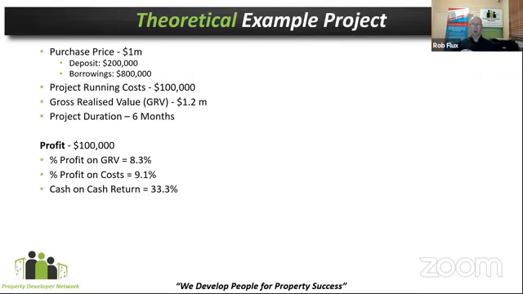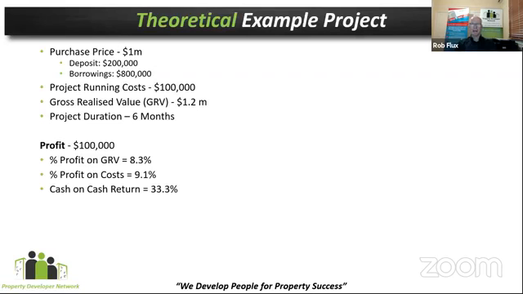Now, let's imagine this exact same scenario. And in the next instance, that deposit, the 200,000 cash, what happens if we actually don't come up with cash? What happens if we happen to have security in another property and the bank has actually allowed us to use that security and allows us to borrow the entire $1 million?